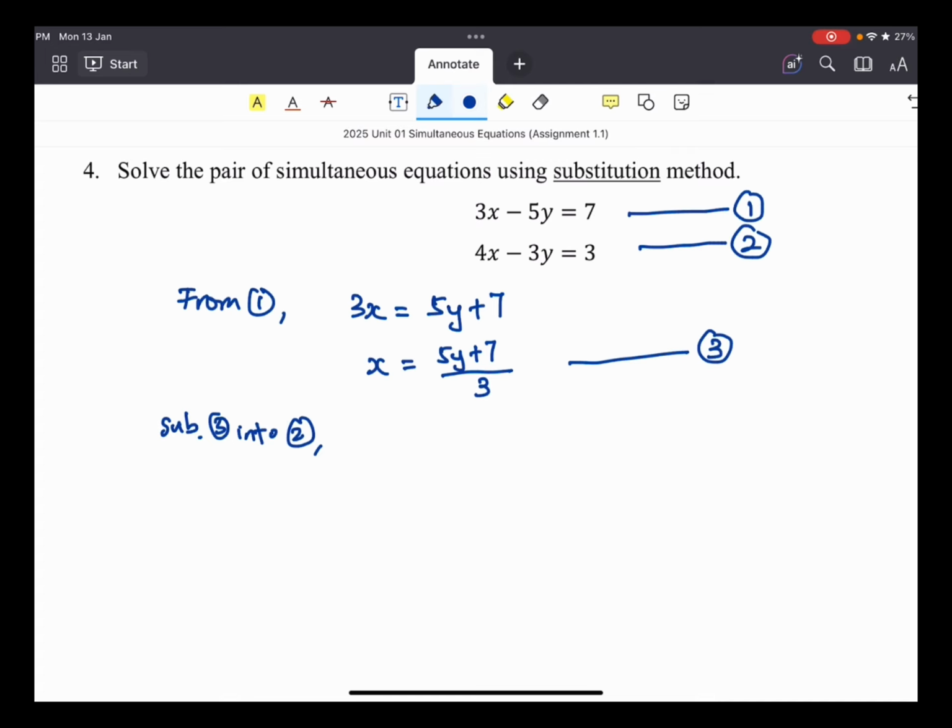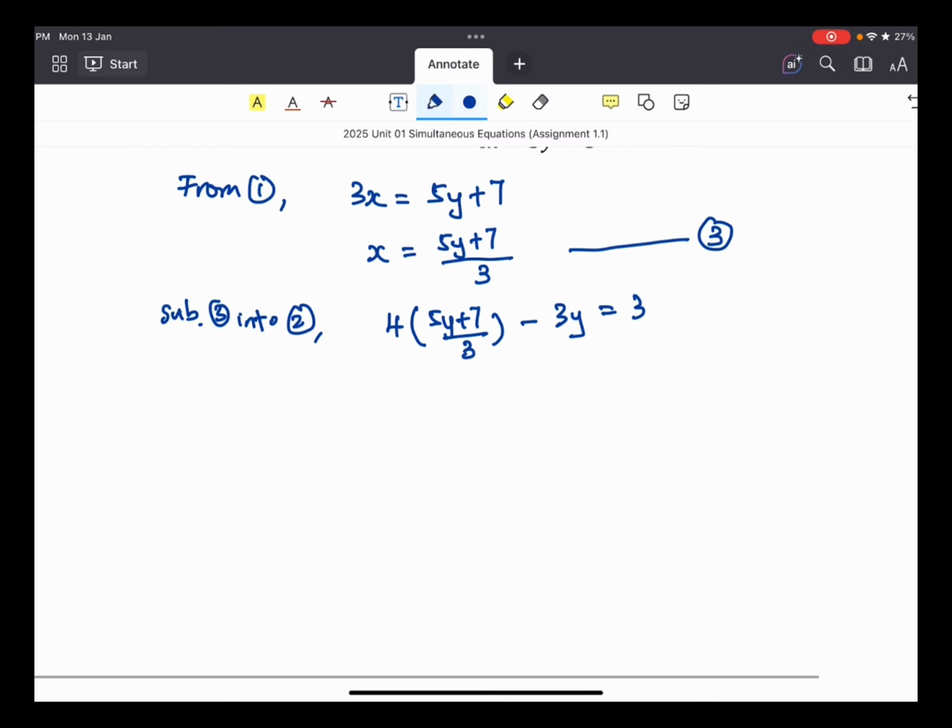So what we have is 4 multiplied by (5y plus 7) over 3 minus 3y is equal to 3. Now I'm going to multiply everything by 3 so that I don't have to deal with the denominator. So we have 4(5y plus 7) minus 9y equals 9.